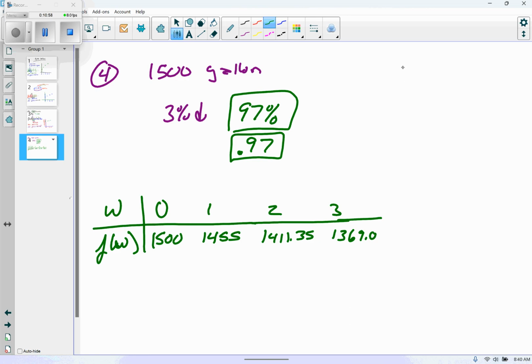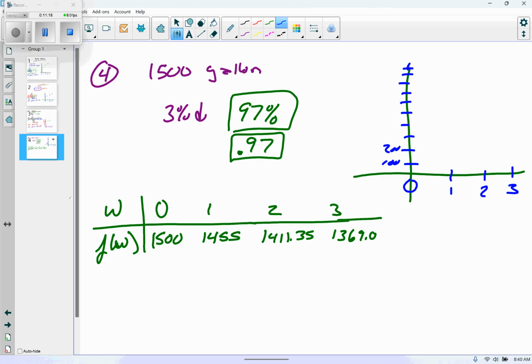Okay, so if we made our table, it's going to be harder to figure out because we're in the thousands, right? So we got 0, 1, 2, 3. So maybe we count by, I don't know, maybe by hundreds. 200, 300, 400, 5, 6, 7, 8, 9, 10, 11, 12, 13, 14, 15.